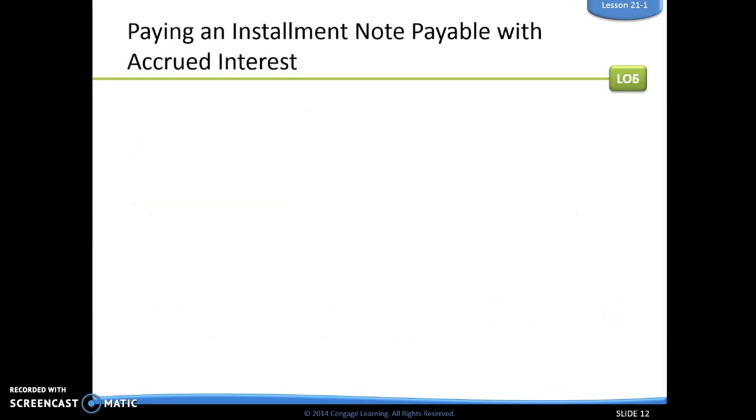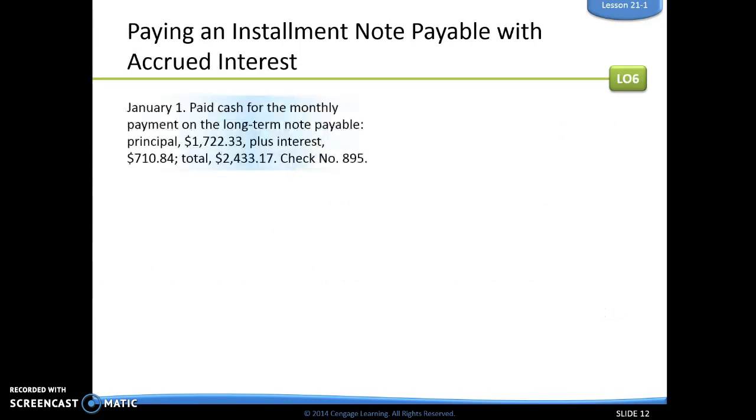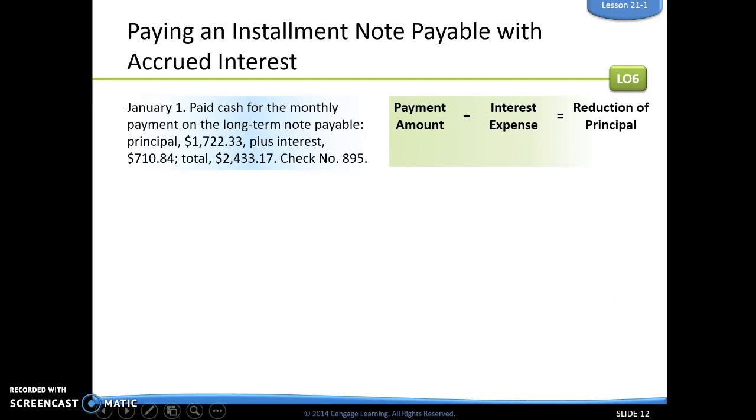Paying an installment note payable with accrued interest. It says on January 1st, we paid cash for the monthly payment on the long-term note payable, principal $1,722.33, plus interest of $710.84 for a total of $2,433.17. First, we need to figure out how much we're reducing our principal.